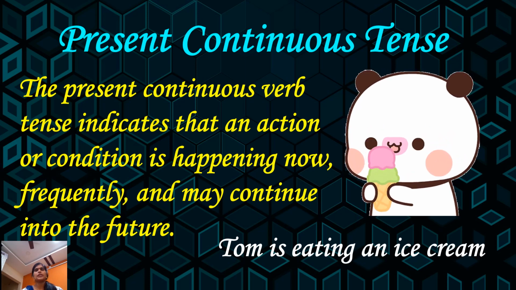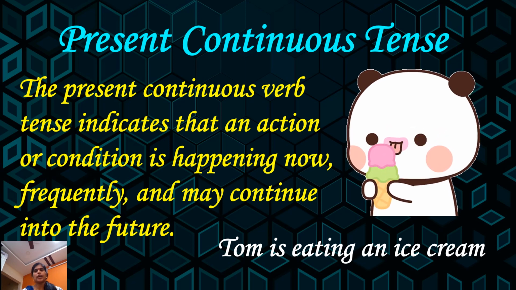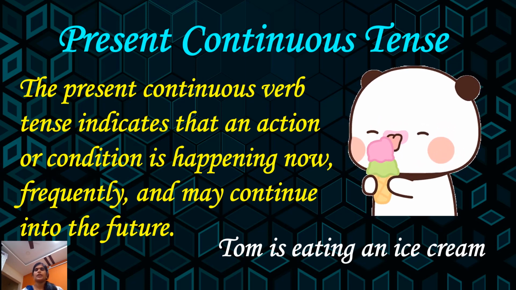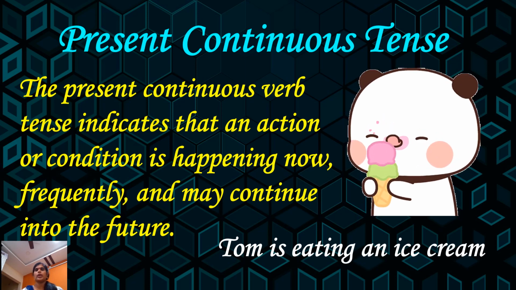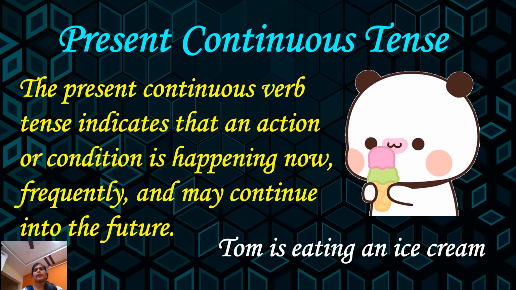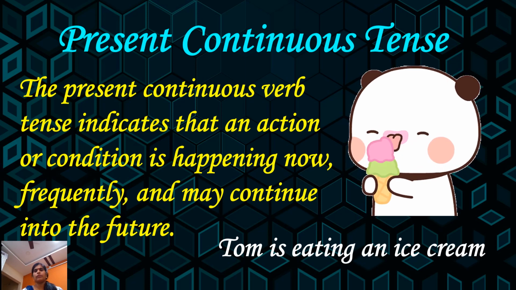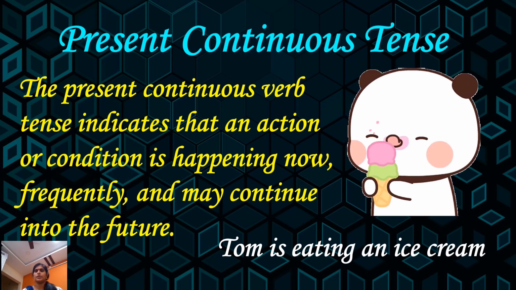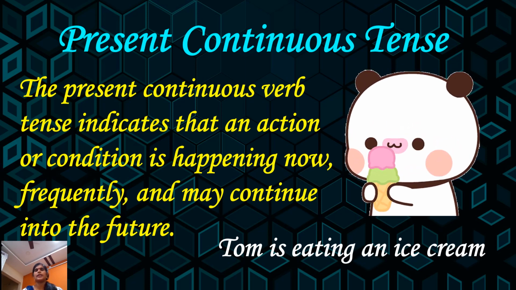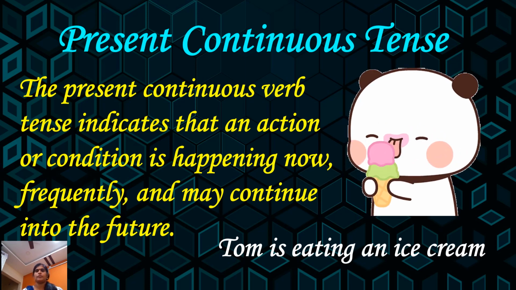Children, present continuous tense is nothing but the action has started in the present and still it is continuing and it may end after some time in future. For example, Tom is eating an ice cream. That means Tom has started eating the ice cream in the present and still he is eating.